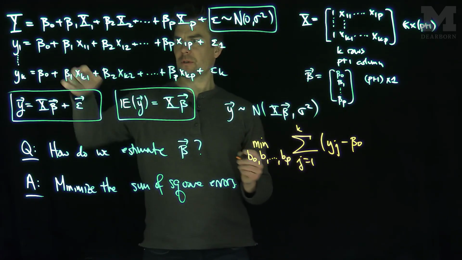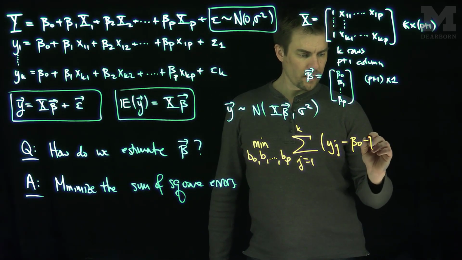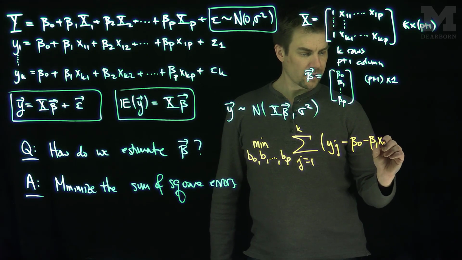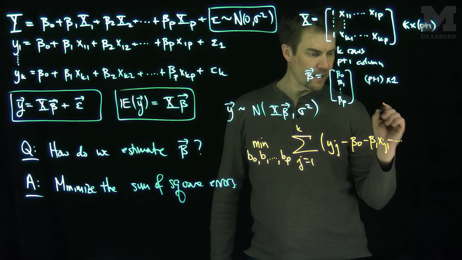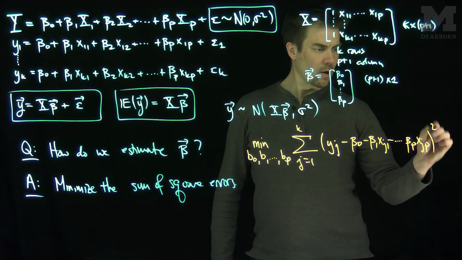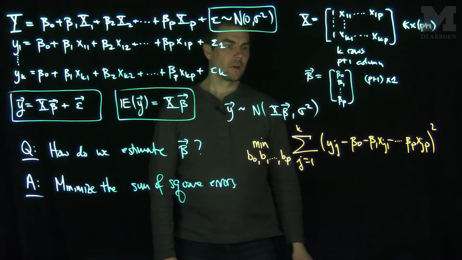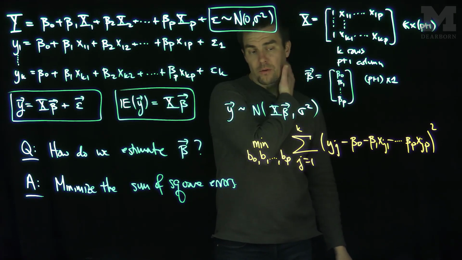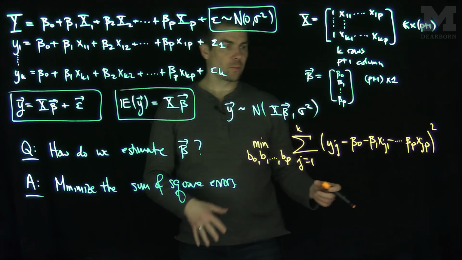And then I'm going to look at the jth observation. So I'm going to have a beta 1 xj1 minus all the way down to beta p xjp, quantity squared.